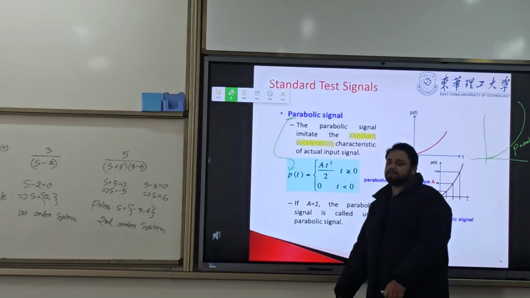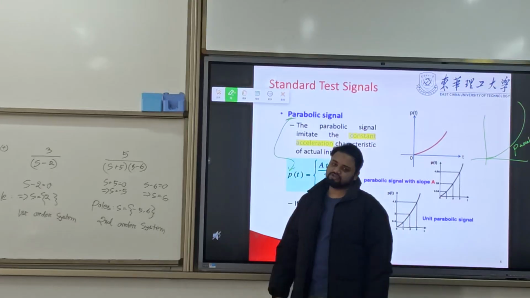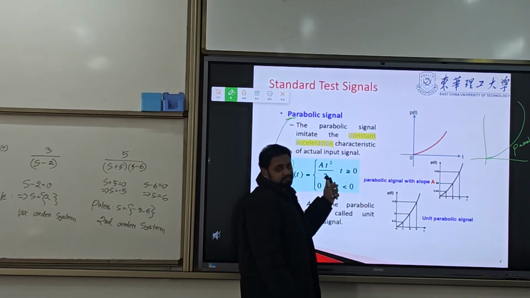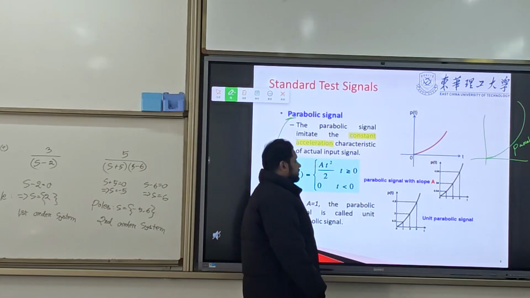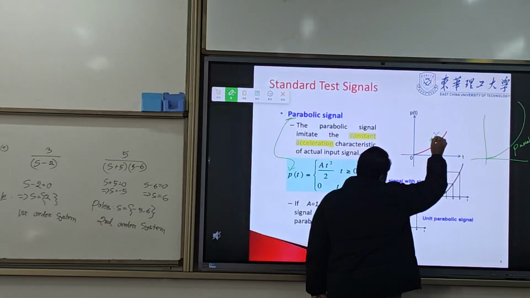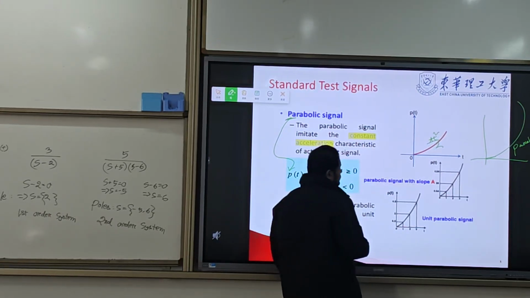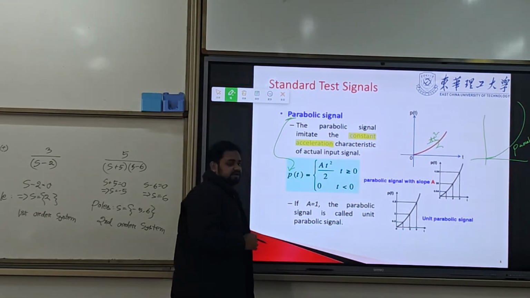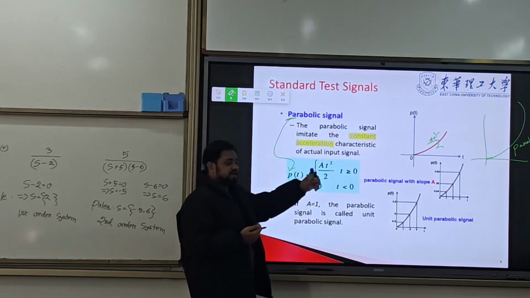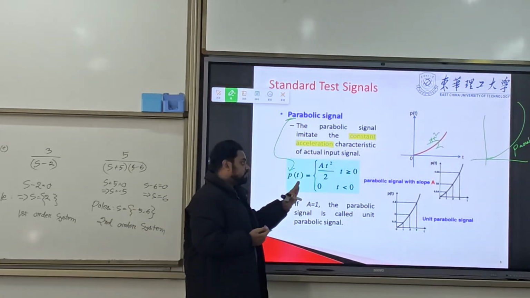That's why it is called a parabolic signal. So this one will have a t squared by 2, a t squared by 2. If there is a divided term in the denominator, then you will have a parabolic signal.